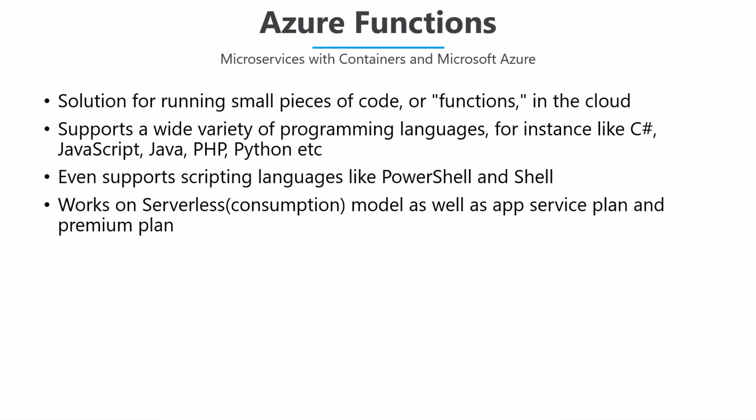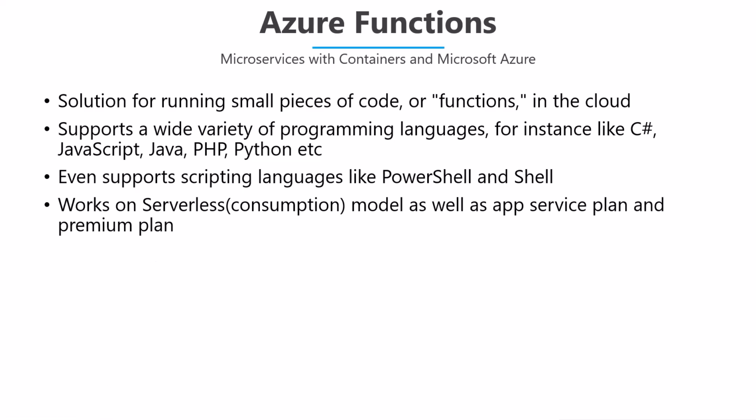app service plan. Suppose you want to use Azure Functions with an app service plan, that option is also available. Sometimes clients prefer app service plan based Azure Function models because serverless Azure Functions have some limitations. One of them is that you cannot run long running functions in it.